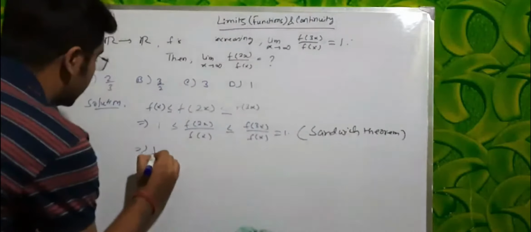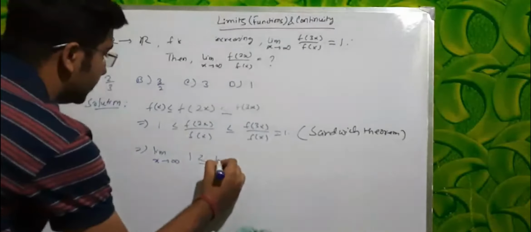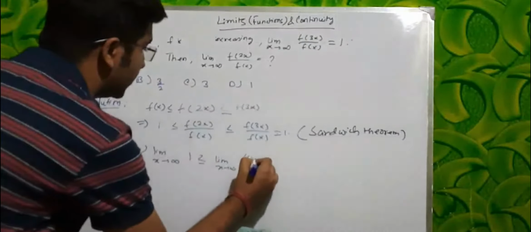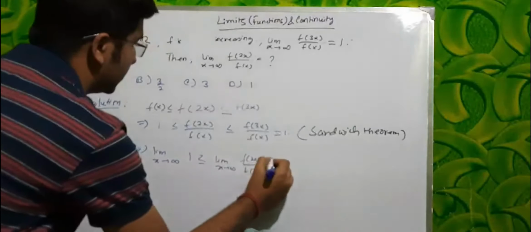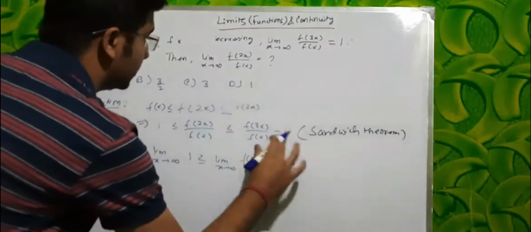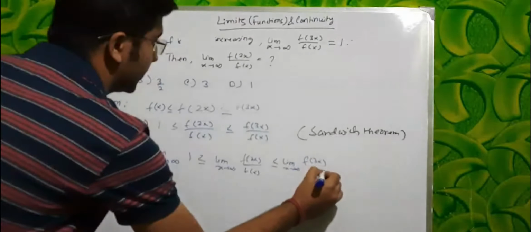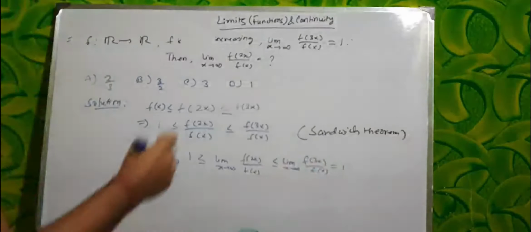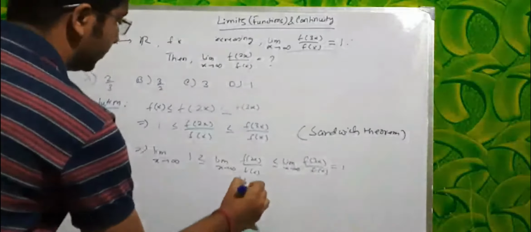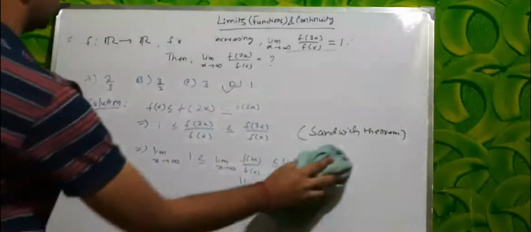So by sandwich theorem, limit x tends to infinity 1 less than or equal to limit x tends to infinity f of 2x over f of x less than or equal to limit x tends to infinity f of 3x by f of x. Now we know this value 1. Here it is given. So by sandwich theorem we can say the value of this is also equal to 1. So we are done, and our right option is D.